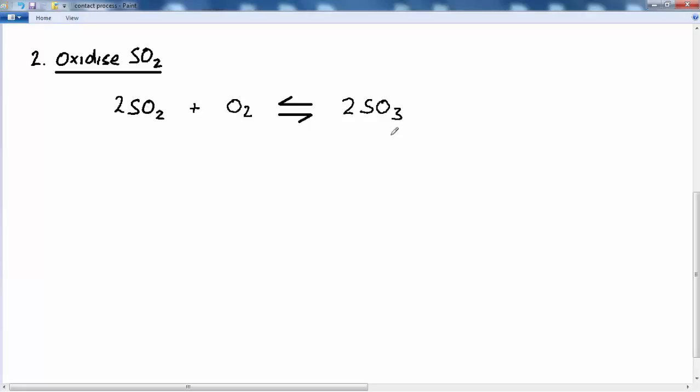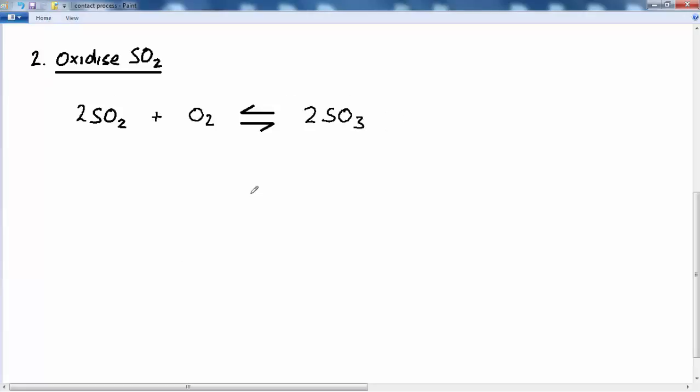And we're going to look at 3 important conditions for this. Now I'll be talking about reversible reactions and Le Chatelier's principle in a tutorial dedicated directly to reversible reactions and their mechanisms. At the moment we're going to consider how we can maximize the yield of sulfur trioxide.